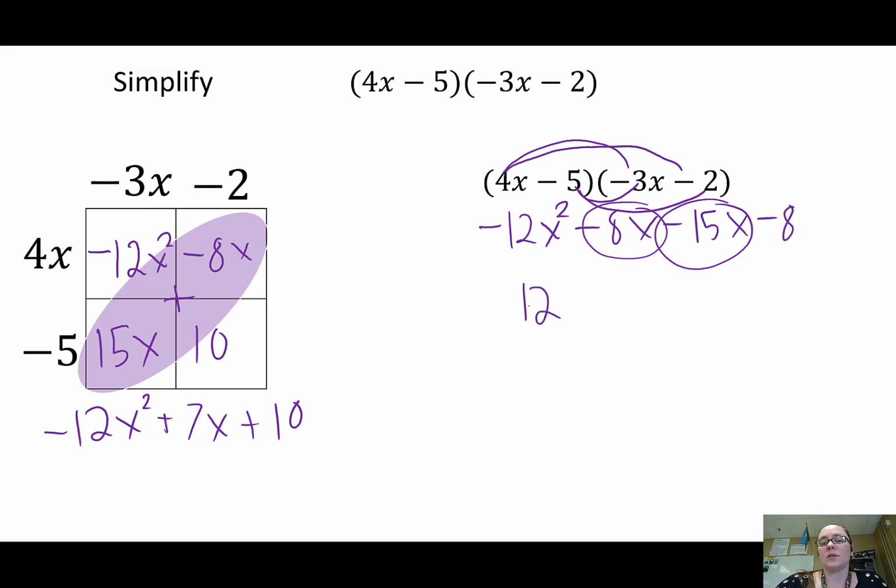So I get negative 12x squared plus 7x plus 10. Sorry, I was mixing up my numbers. Negative 5 times negative 2 is 10. So again, got the same answers both times when I'm doing my math correctly.